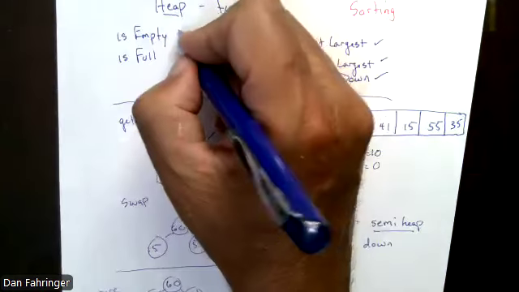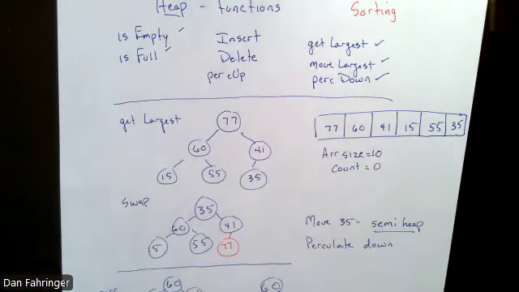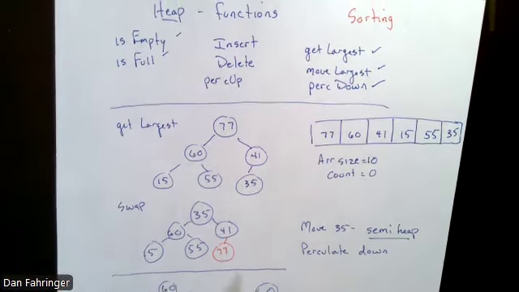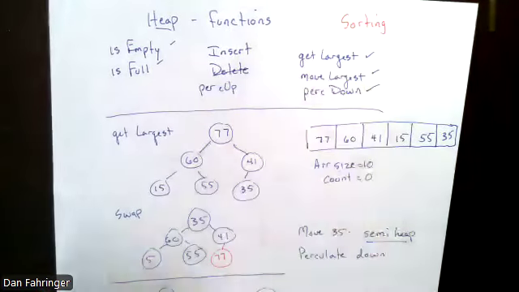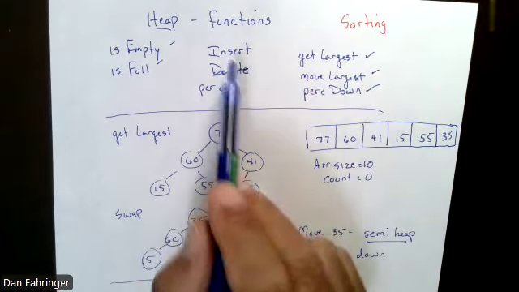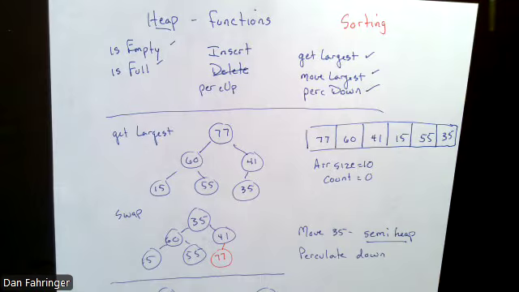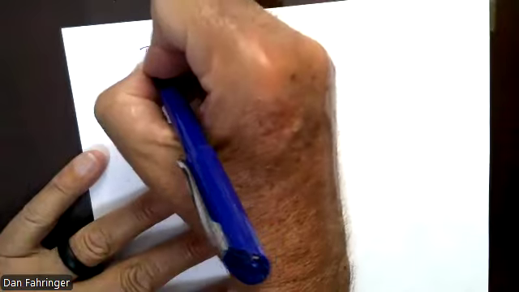Okay, so that's helping me check is empty, is full. And when we're doing this sorting, we're never really going to delete anything. So I need to talk about these two yet, the insert and the percolate up. Okay, so let's take a look at inserting an item.